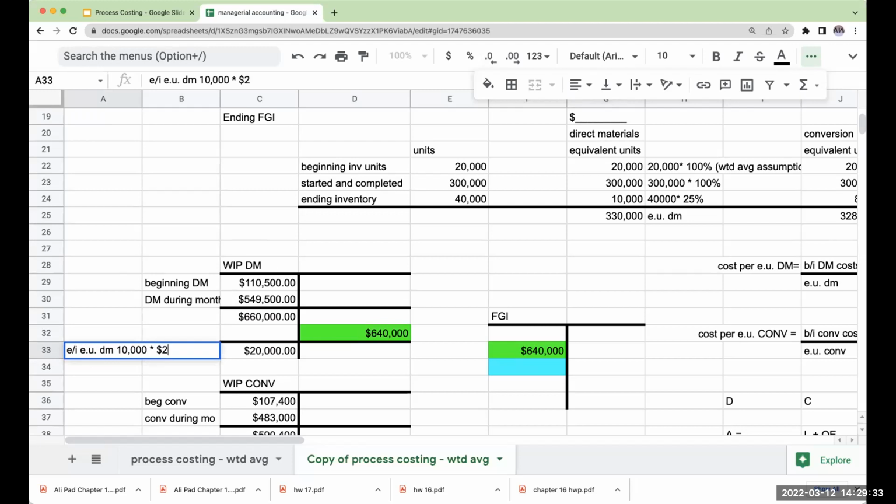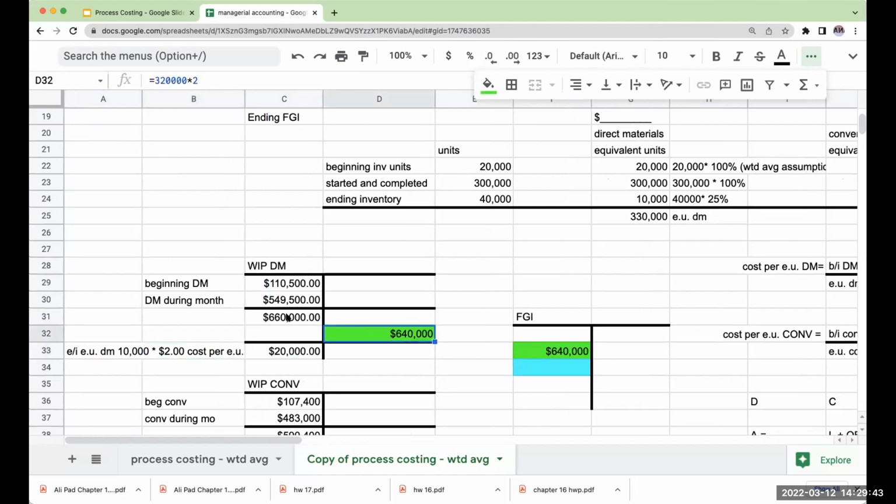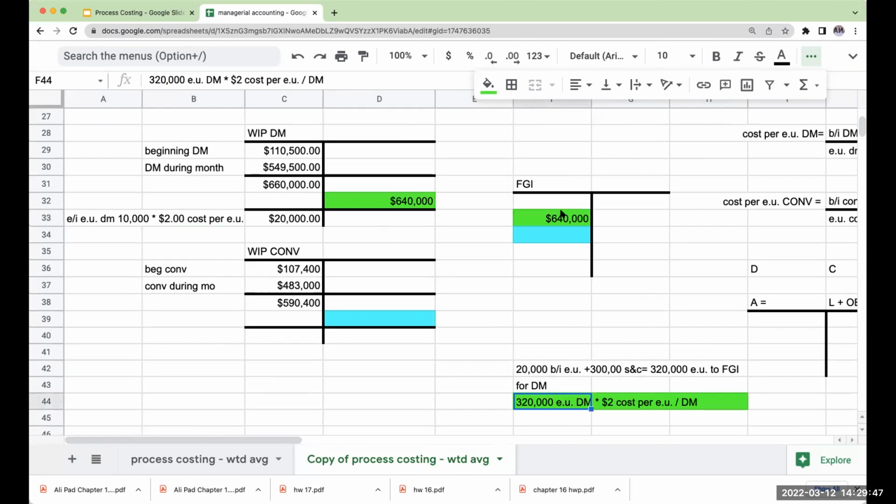If I multiply that by $2, which is my cost per equivalent unit, this gives me $20,000. So not only am I able to figure out basically what this is, but I can also check my work.